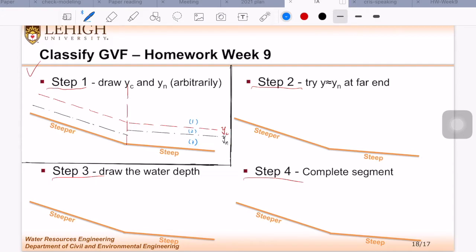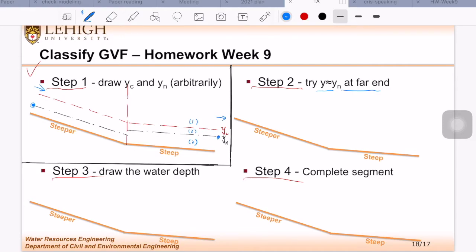So at the second step, we need to mark the water depths approximately equal to the normal depths at the far end. So we'll assume at this point, at this point, and at this point, the water depth is the normal depth. Since we know the water depth at this point is less than the critical depth, we will draw the water depth from upstream to downstream, similar to this point.